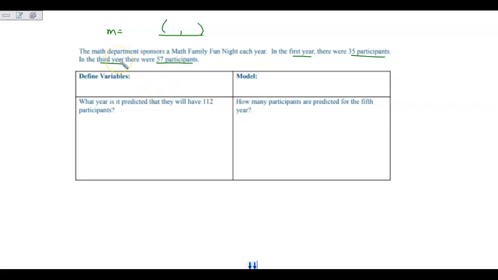So I would say that my X is going to be my number of years, and my Y is going to be the number of participants, or total participants.